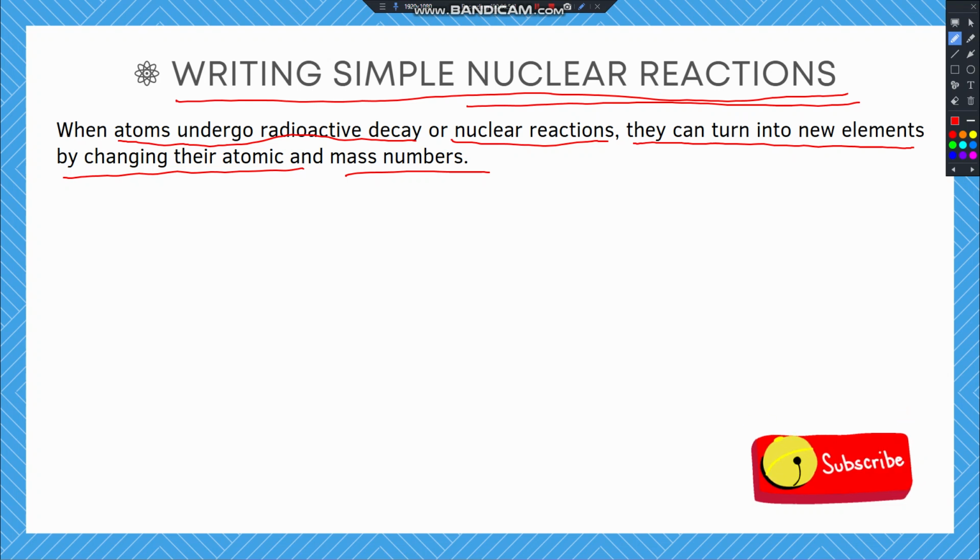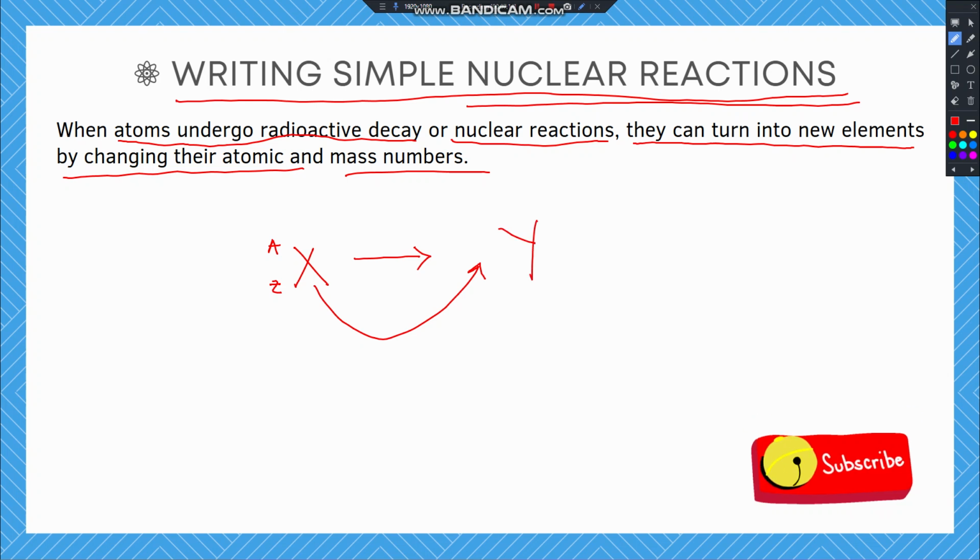So, for example, I have an element called X, and then the atomic number is denoted over here as Z, and the mass number is denoted over here as A. When this element undergoes a radioactive decay or a nuclear reaction, it can turn into another element that is entirely different.